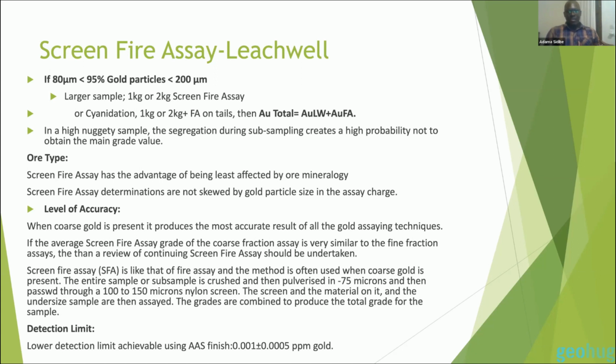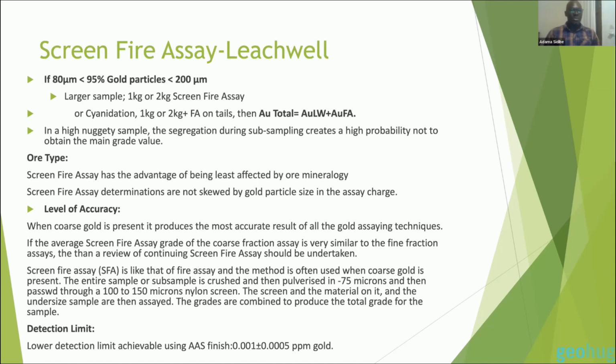And in a high nugget sample, the segregation during the split sampling creates a high probability of not obtaining a mean grade value. That's why we have to use screen fire assay or Leachwell when the gold particles are medium to coarse.